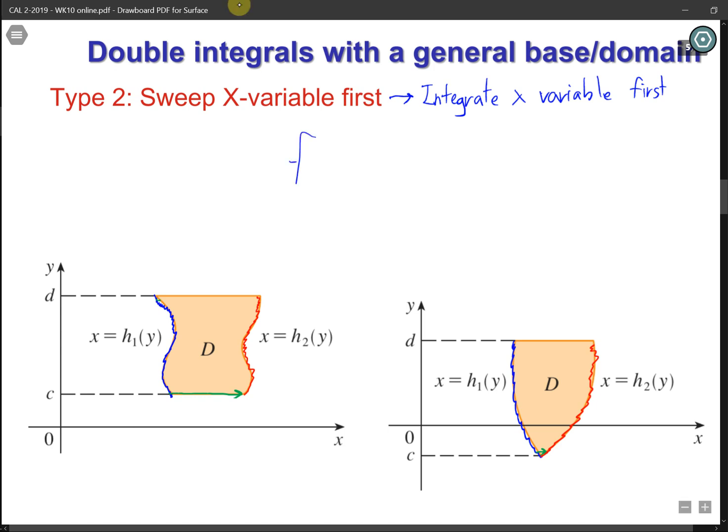So we have this function f(x, y), and we are going to integrate this with respect to x first, and then we do that again with respect to y later. Now down here we sweep from the left function to the right function, and we are going to keep doing this all the way up here.